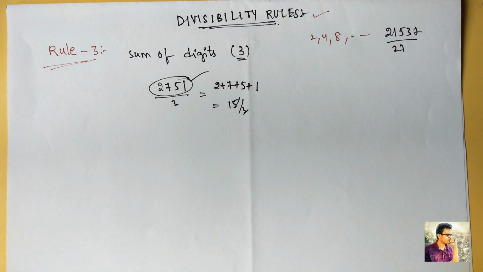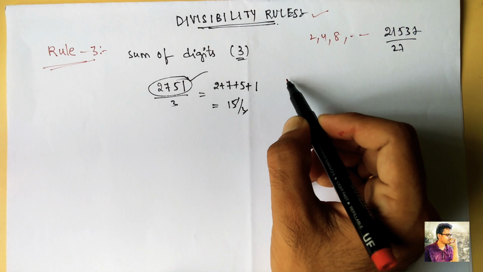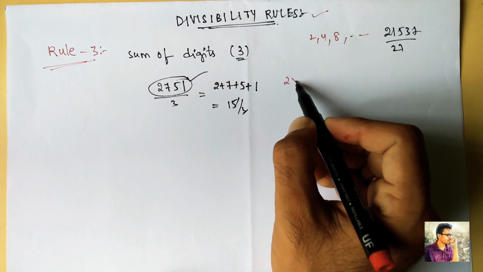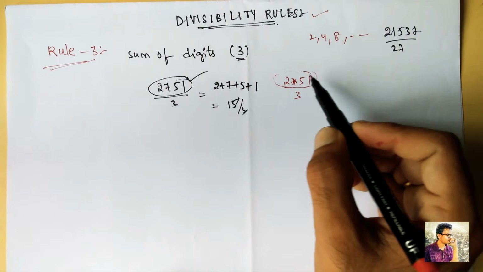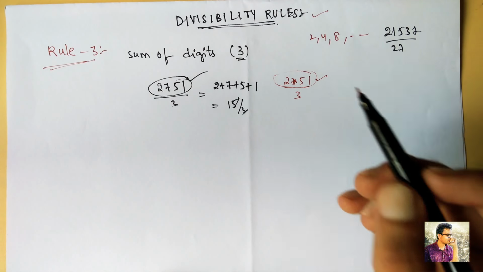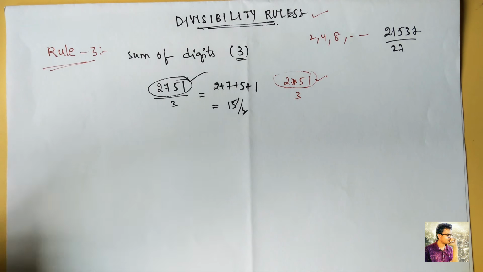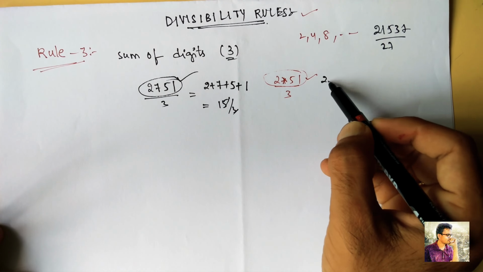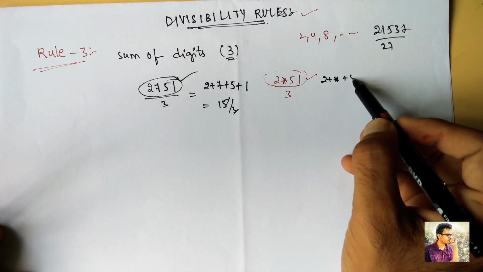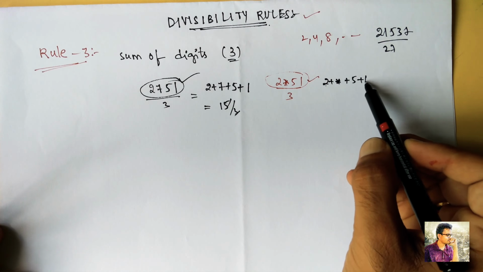Not only this, the question can be asked in another format also. For example, 2 star 5 1 divided by 3, and he says that if this number is divisible by 3, then find the value of star. He might also ask in the same way. So what you should do is add all the digits of the number, that is 2 plus 5 plus 1, which is 8.